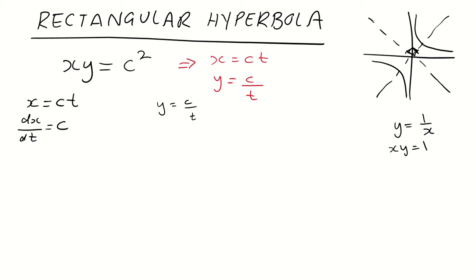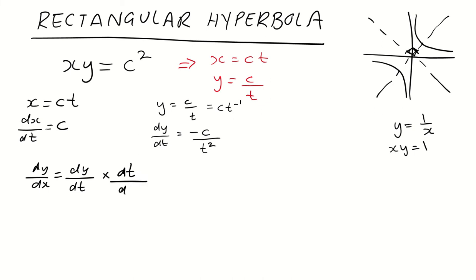So ct becomes c. C over t is really ct to the power of negative 1, which when I differentiate with respect to t, times it out front, subtract 1 from the power, I'm going to get negative ct to the power of negative 2, which is the same thing as c on t squared. Now, to get my gradient function, I need dy on dx, which I get by doing dy on dt with my chain rule, timesing by dt on dx.